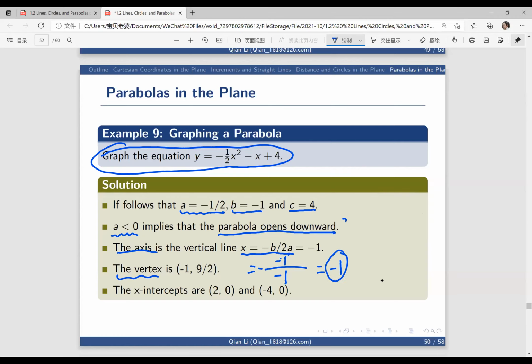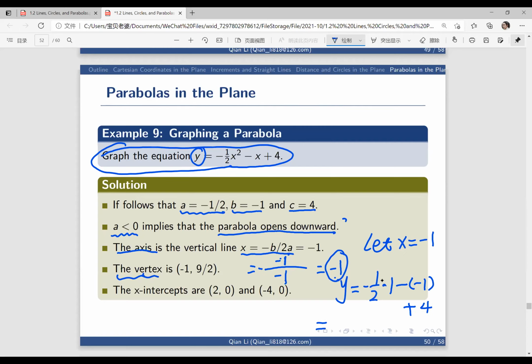If we let x is equal to -1 in this equation, we can get the y coordinate for this vertex, right? So let x is equal to -1 in this equation. We can get y is equal to -1/2 multiplied by x squared, which is 1. And this is minus x means minus -1, and plus 4.